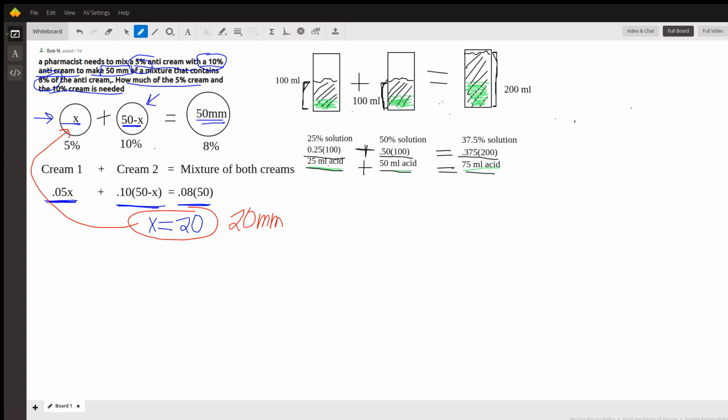Regardless of the units, 20 millimeters of cream 1 will be mixed with, okay, how do I find the amount in cream 2? Well, 50 minus 20 gives me 30 millimeters in cream 2. And there we have our answer to this question.